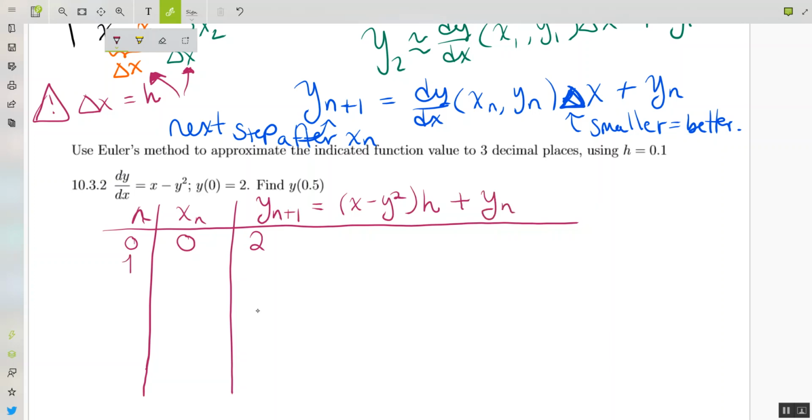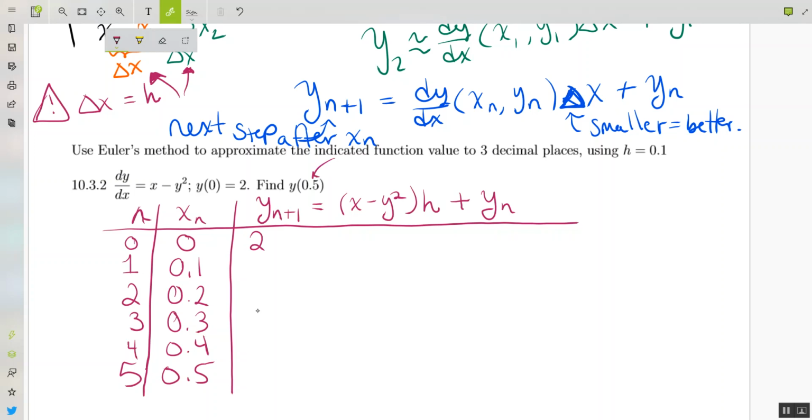So to do my first one, I'm going to move up by h, so 0.01. And then to do my second one, I'm going to move up by one more h, so 0.02. And then 3 will be 0.03, and then 4 will be 0.04, and then 5 will be 0.05. And this is where we're going to stop because we're trying to estimate y of 0.05. Get the idea? Okay, let's iterate our way through the y's.